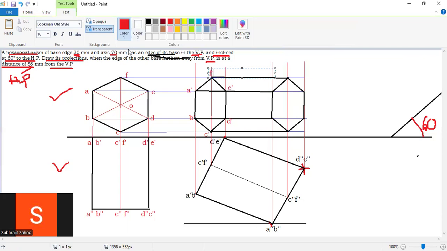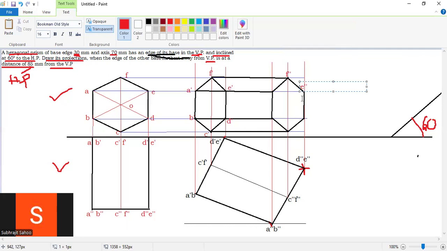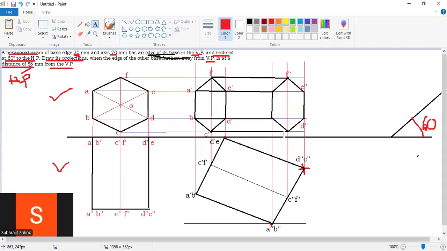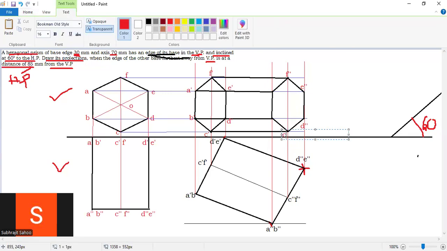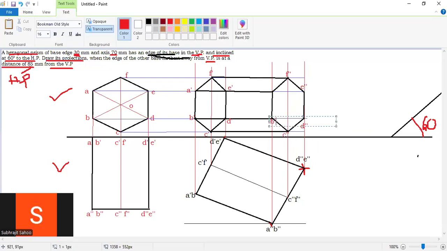F double dash. E double dash. This one is D double dash, C double dash, and this one is B double dash, right? And finally A double dash. Diagram over.